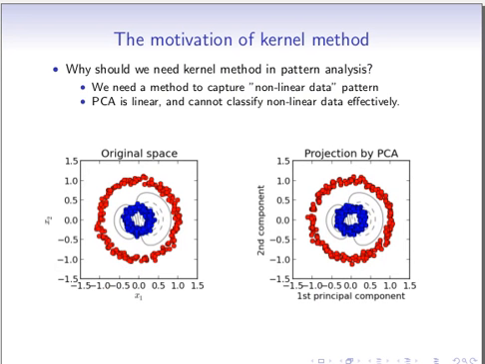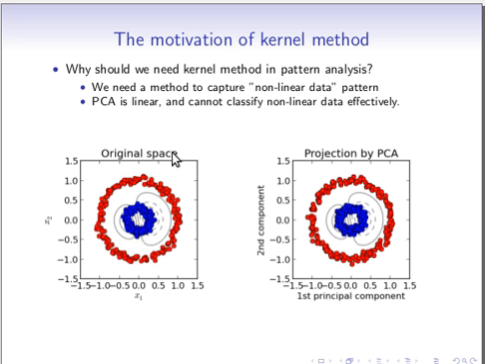Okay, the motivation of the kernel methods. In the real world, we have a lot of nonlinear data, and we want to classify this data effectively. However, we can see from these two figures, the left one is the nonlinear data that consists of two classes, the red one and the blue one.